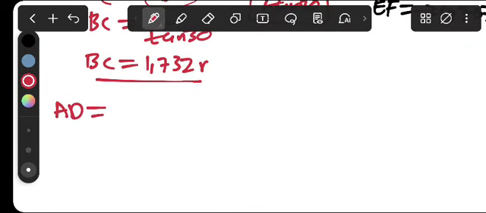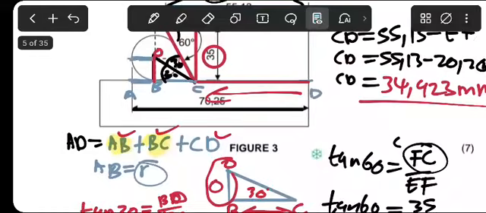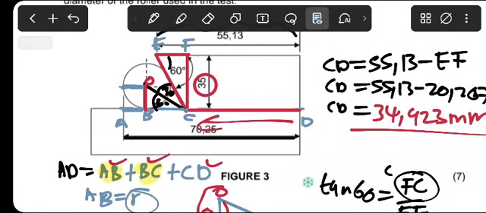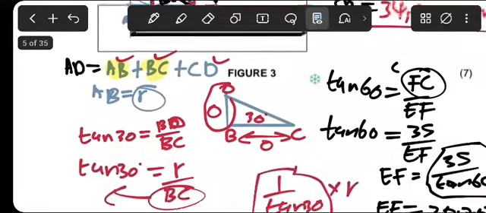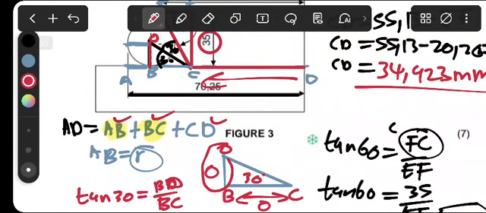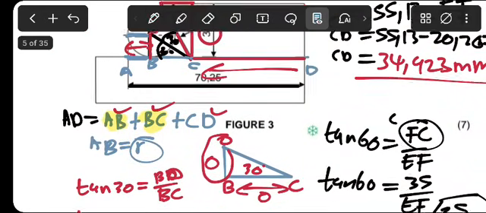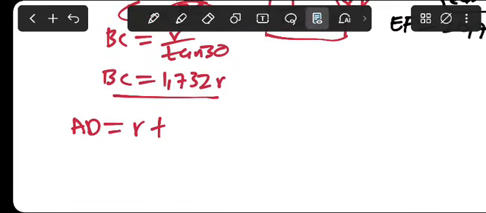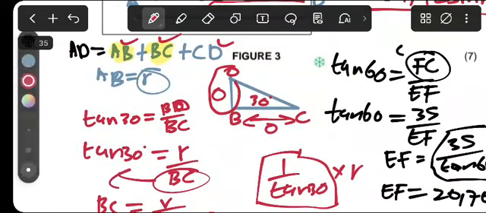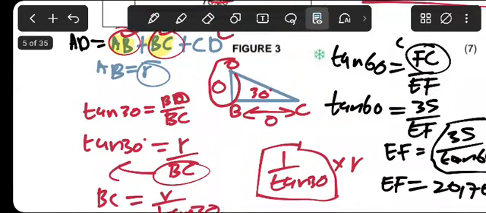The whole AD, as you can check, will be the whole of this. We know what AP is. AP, from here until there, is the same as the radius. AP will be R plus BC. We have calculated BC.